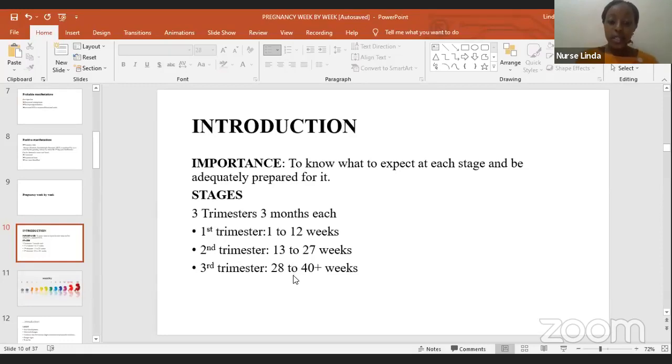And then the third trimester starts from week 28 all the way to the 40th week, or just from week 28 up to the time a woman may deliver. A term pregnancy is up to about 37 weeks, but may go up to past 40 weeks.